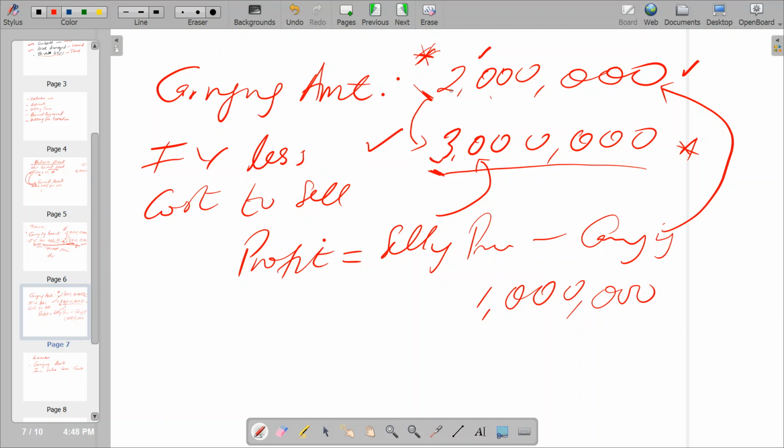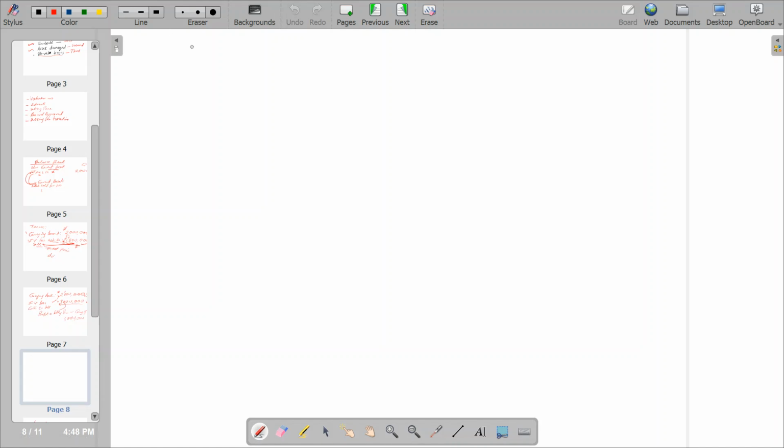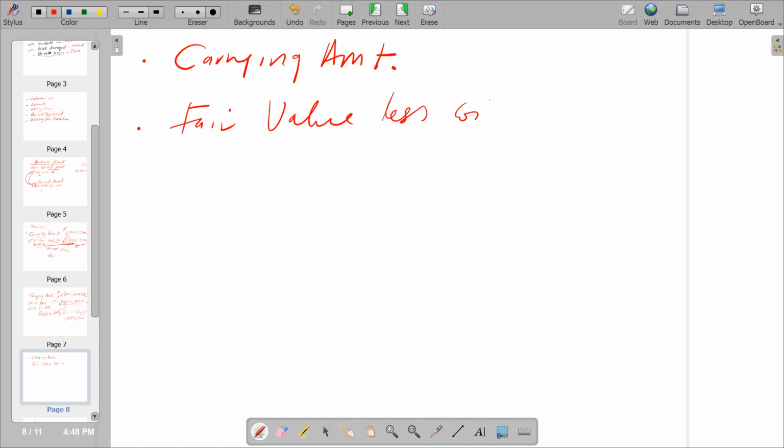So the conclusion is that if you are determining the value of non-current assets held for sale, we have to determine the carrying amount. In examination, usually you'll be asked to calculate the carrying amount, but the fair value less cost to sell, they usually give that value. So your work is to determine the carrying amount.